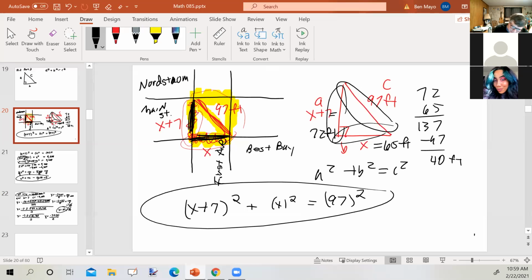So basically, by walking across the diagonal crosswalk, you walk 40 feet less than by walking on this crosswalk and that crosswalk. Okay, and I know you're thinking, I'd rather just walk the extra 40 feet than have to figure this all out using math. But that's not the point. The point is, can you do it? Can you deal with the situation? All right. Any questions on that before we go on to another example?